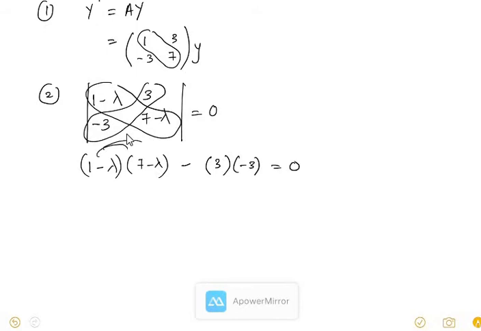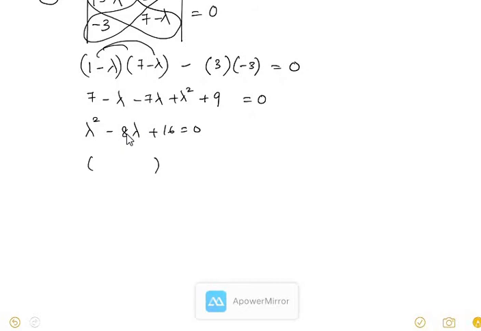So you multiply it out, you get 7 minus lambda minus 7 lambda plus lambda square, and then plus 9 equal to 0. So you simplify, you get lambda square minus 8 lambda plus 16 equal to 0. When you factorize it, you get lambda minus 4 squared. Okay, so this means lambda equal to 4 and another value also lambda equal to 4.